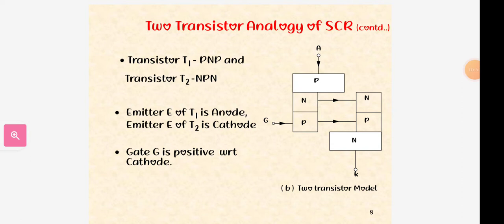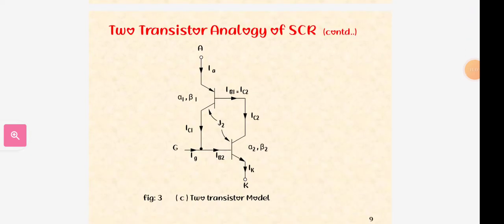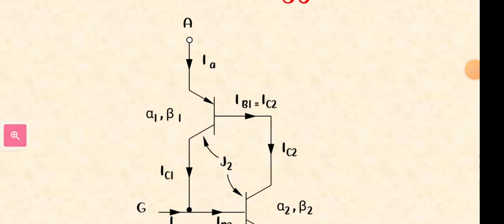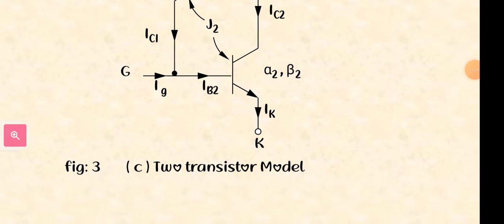During the off state of the transistor, the collector current IC and emitter current IE are represented by a few equations. This is the total two transistor analogy diagram showing how current flows from anode to cathode. In this diagram, the upper terminal is the anode, this is the gate terminal and this is the cathode.